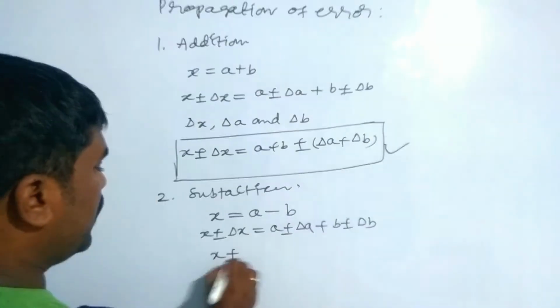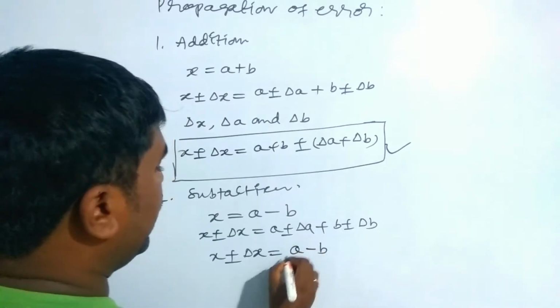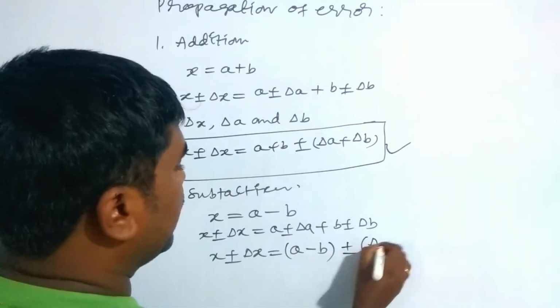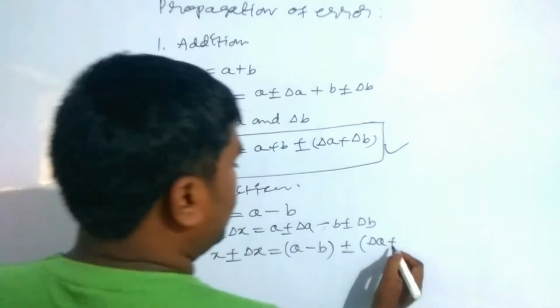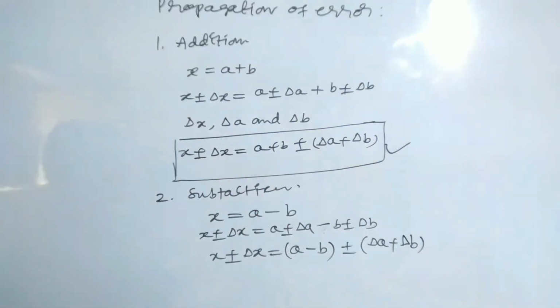Finally x plus or minus delta x equals a minus b plus or minus delta a plus delta b.